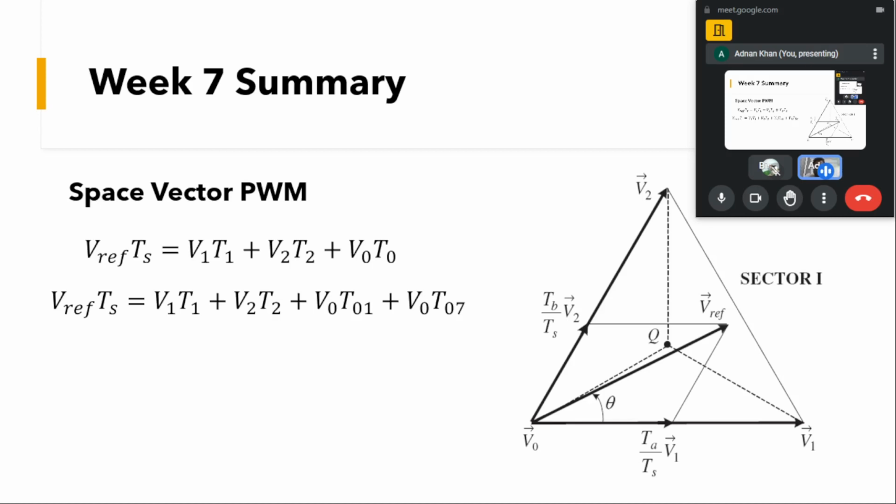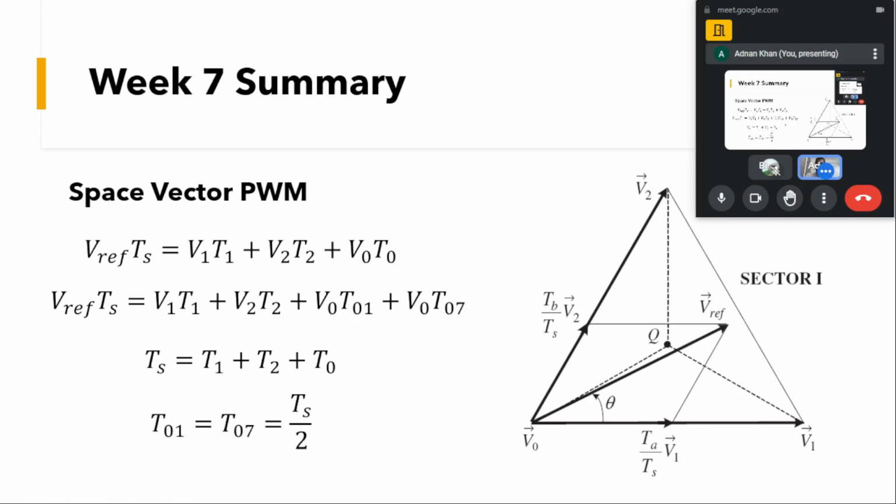And I'll be showing you how we will be doing the switches in different intervals. So our total switching time will be equal to the time for which we turn on the v1 vector, plus the time for which we turn on the v2 vector, and the time t0 for which we turn on the zero vector.